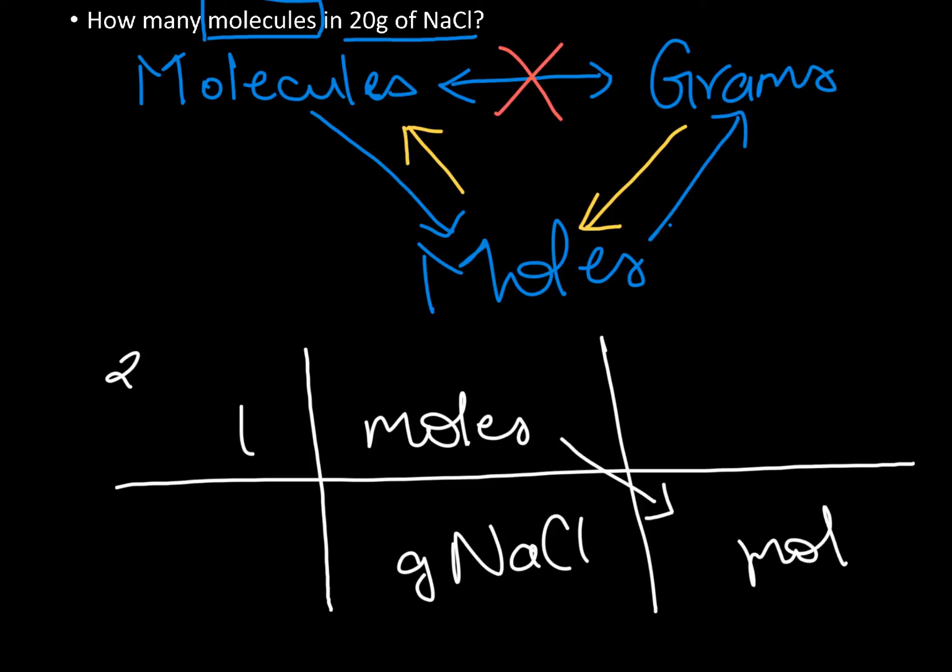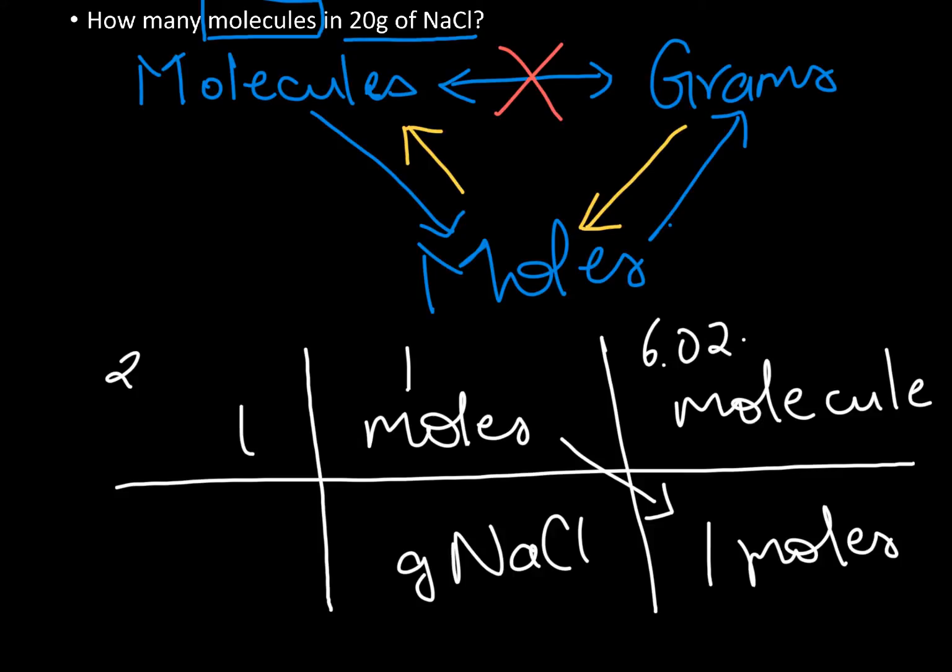So you get moles on the bottom, and now moles will turn into molecules. Now all we have to do is fill in the numbers. So 1 mole would be whatever the molar mass of sodium chloride is, and then 1 mole is 6.02 times 10 to the 23rd.